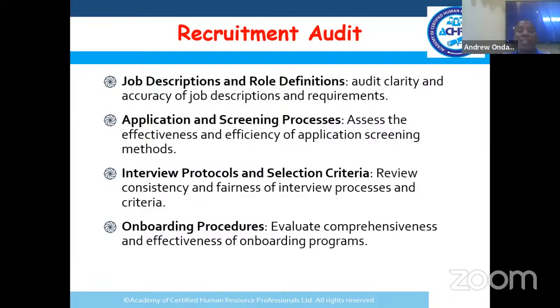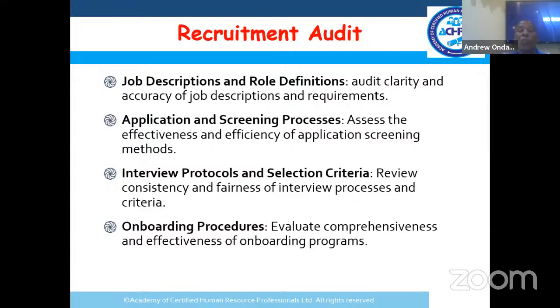For effectiveness, we are looking at the results that we get from onboarding. An effective onboarding process is one that, 1, satisfies employees or makes them happy. 2, it makes them enjoy the process. 3, it makes them settle very quickly. 4, it makes them start working and producing desired results.